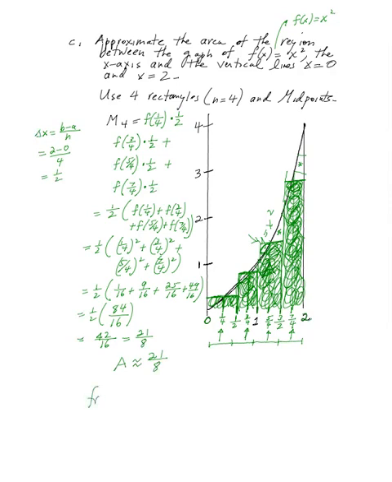So I'm going to write, from A and B and C, I know that my area is between 3/2 from the B part and 15/4 from the A part.